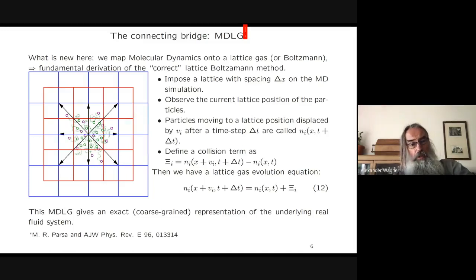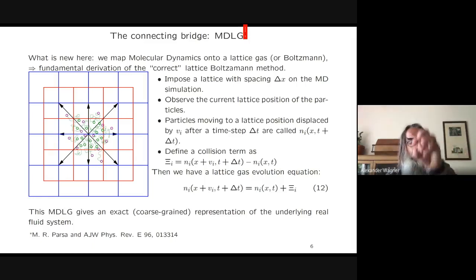So how do we do this? You can see here these green little dots, which are the atoms. If you let them run for a certain amount of time, this is just some set of tracer particles, they'll end up in a new position. And overlaid on this, you then have this red lattice, which gives you lattice boxes.